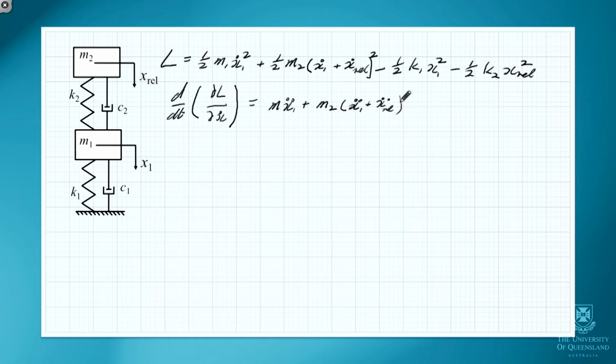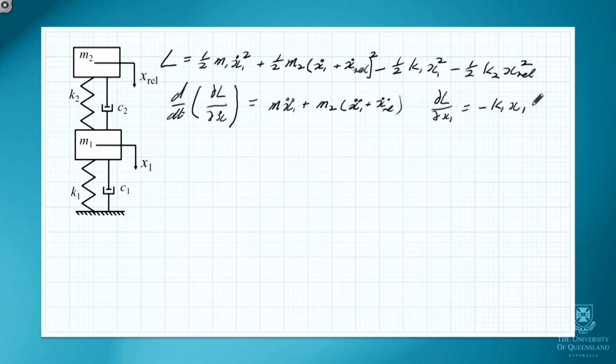Now the other term there of course is we've got to find the partial of L with respect to x1, and that's relatively simple because it's just minus k1 x1 from the third term in L.